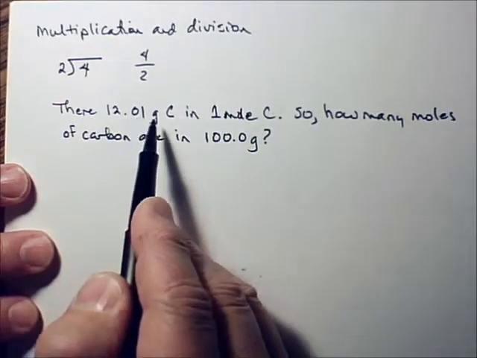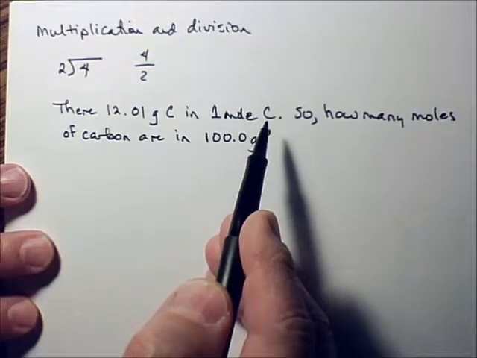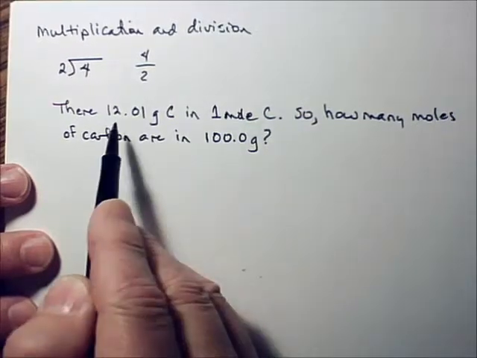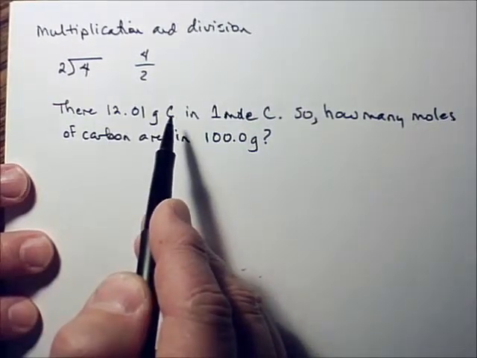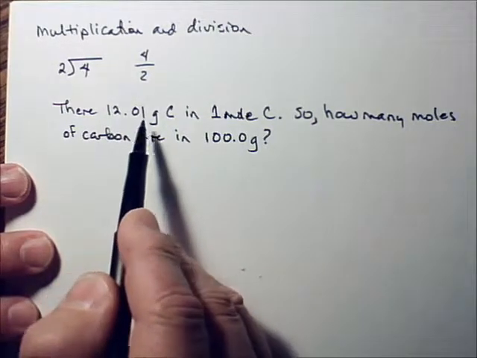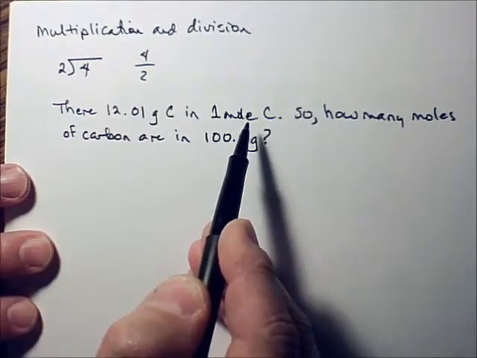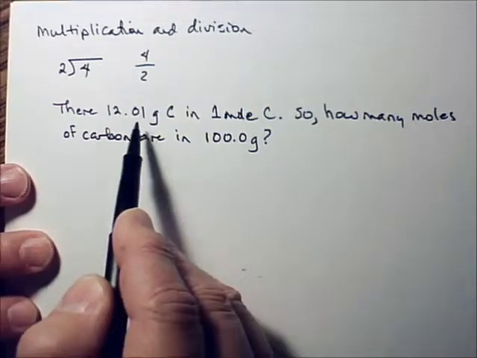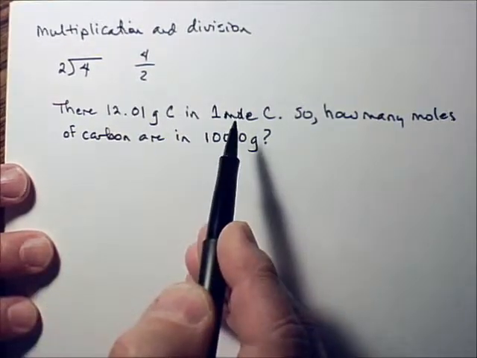If there are 12.01 grams of carbon in 1 mole, that means that 1 mole of carbon equals 12.01 grams. Does that make sense to you? If there are 12.01 grams of carbon in a mole, then there is 1 mole of carbon in 12.01 grams. They're equal to each other.